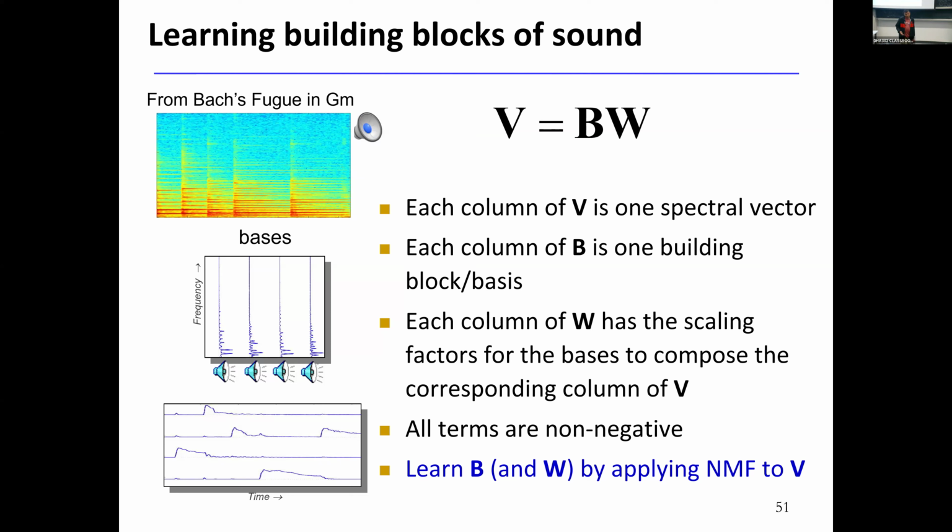I have decomposed it into B times W, where B has 4 columns and W has 4 rows. So if I just play out the first column of B times the first row of W, that's going to tell you what the algorithm thought the first note was and how it was played. The second column of B times the second row of W is going to tell you what the algorithm thought the second note was and how it was played. There is no prior information about music that has gone into this algorithm, right? And so here's what you get. These are the 4 notes it has found, and these are the scores that it got all by itself.